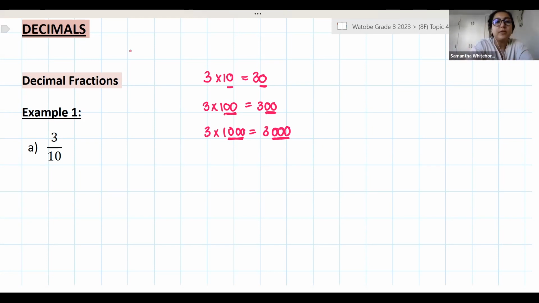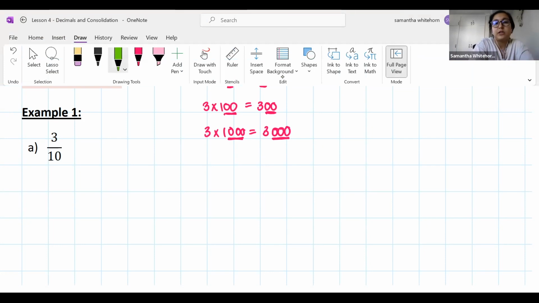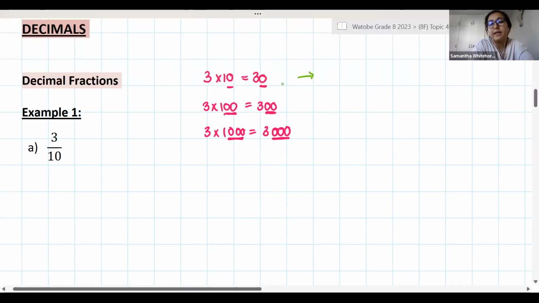And so if we think about, for example, this first example that I gave us of 3 times 10, my decimal point was originally after the 3. It was 3,0. And then we had a situation where we had 30. So my decimal point moved 1 unit to the right to now represent 30.